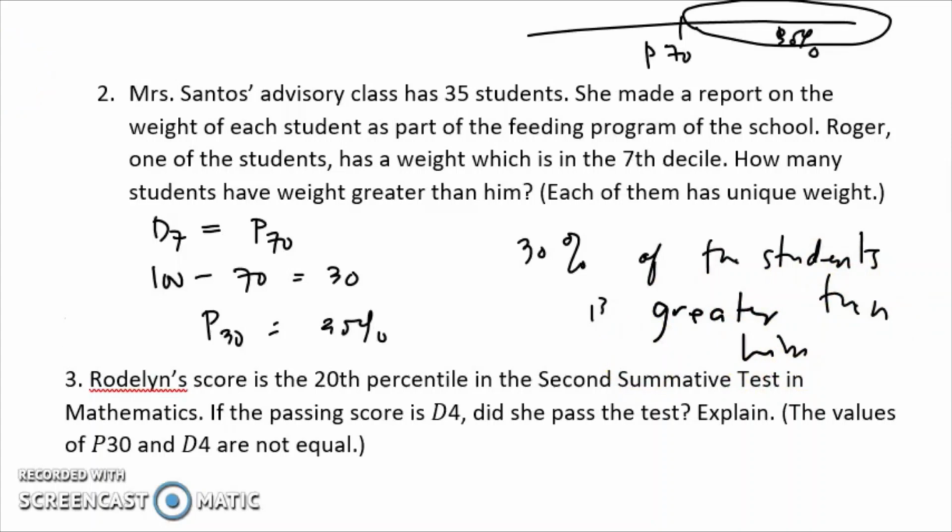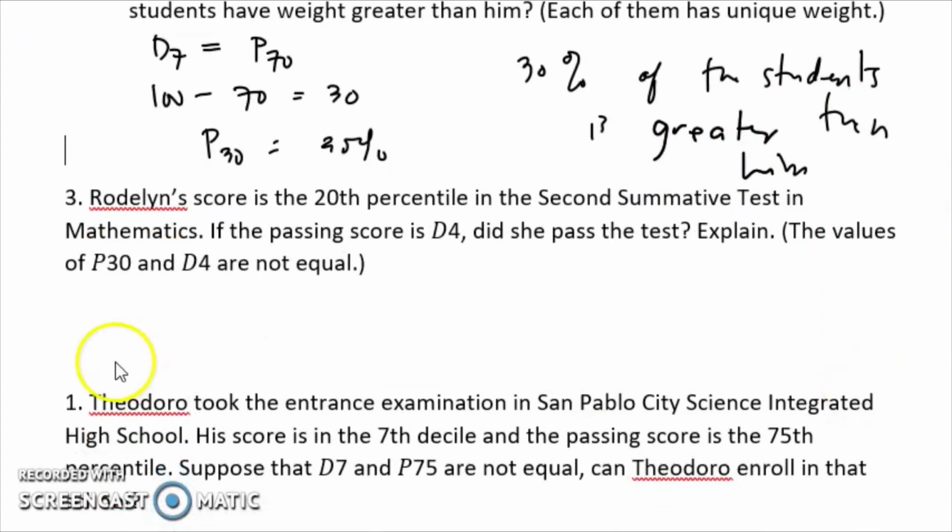Okay, for number 3, Rodeline's score is 20th percentile in the second summative test in mathematics. If the passing score is D4, did he pass? Explain. Pumasa ba siya? Kung ang passing natin ay D4. D4 in percentile is P40. Pero si Rodeline, nasa P20 percentile lang siya.